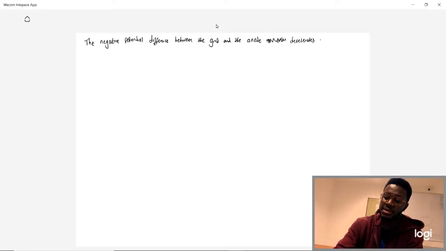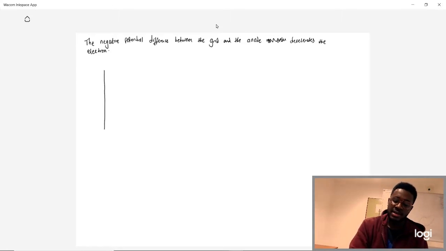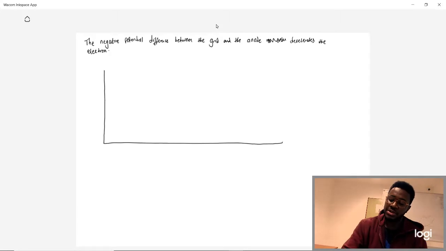Decelerates the electron. Okay. So now let's add mercury atoms to it here.